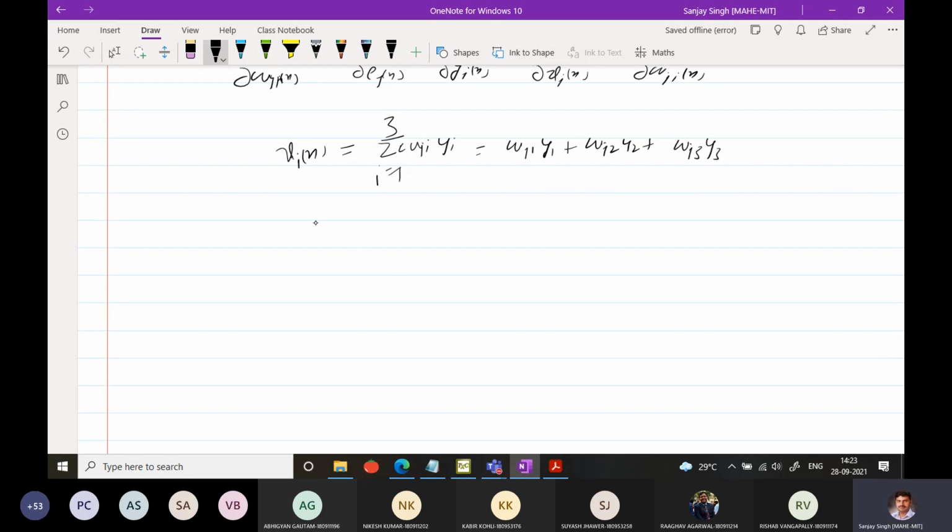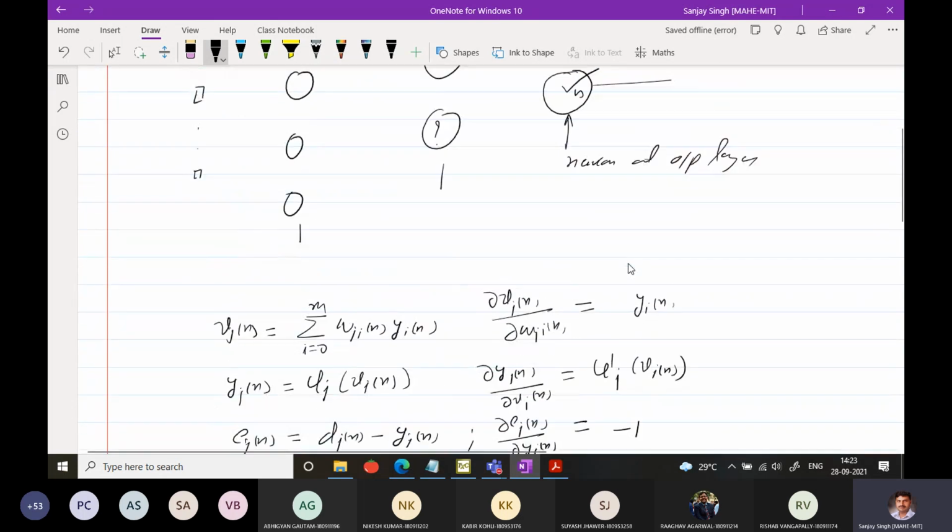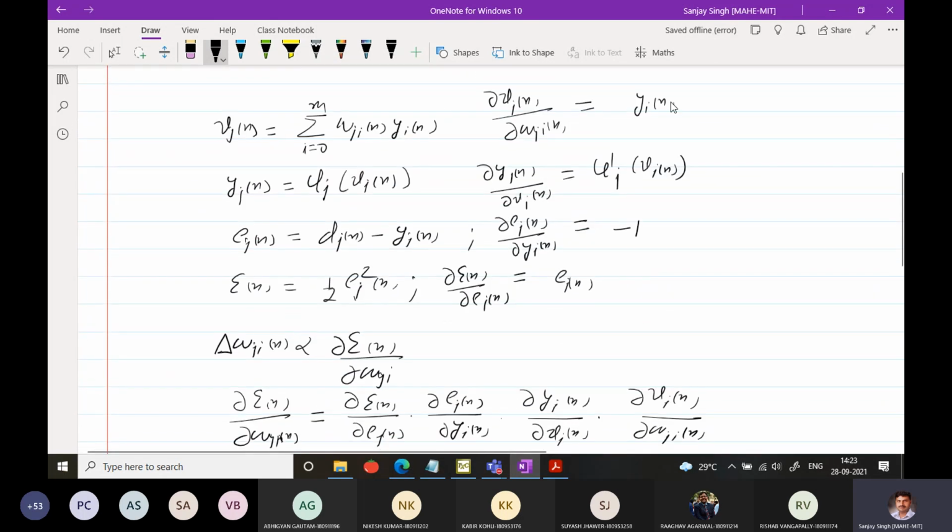Imagine that I differentiate Vj(n) with respect to Wj2. What am I going to get? Only y2, not anything else. That's why the summation sign will not come into the picture.